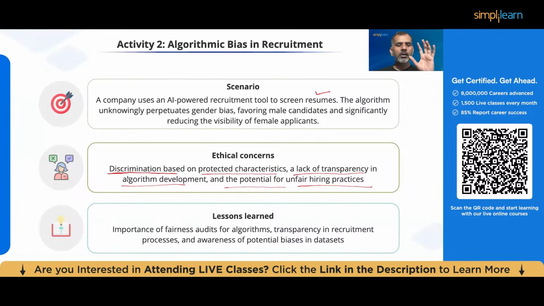That has become your ethical concern here. Because if your model has a bias towards male candidates, female candidates automatically get rejected. So it is an unfair hiring practice. Now, what is the lesson learned? It is the importance of fairness audits of algorithms, that the recruitment process should be very transparent, and awareness of potential biases in the data.